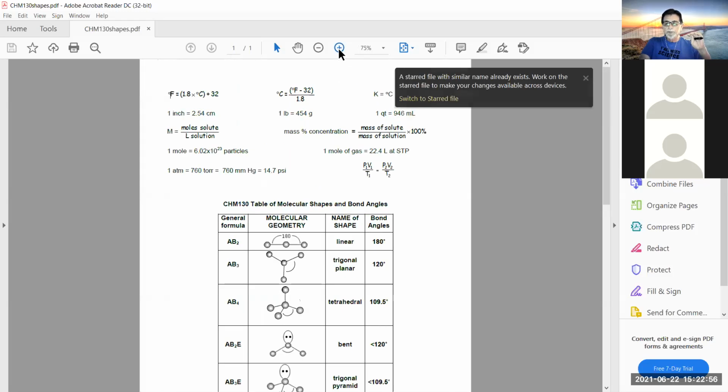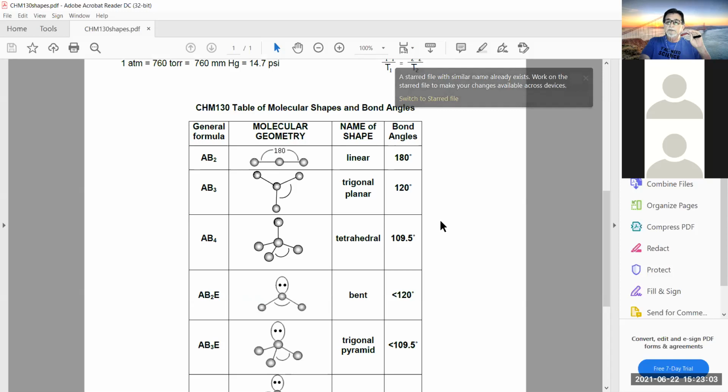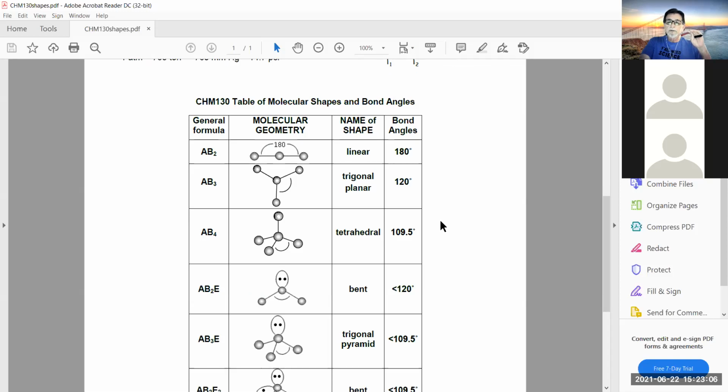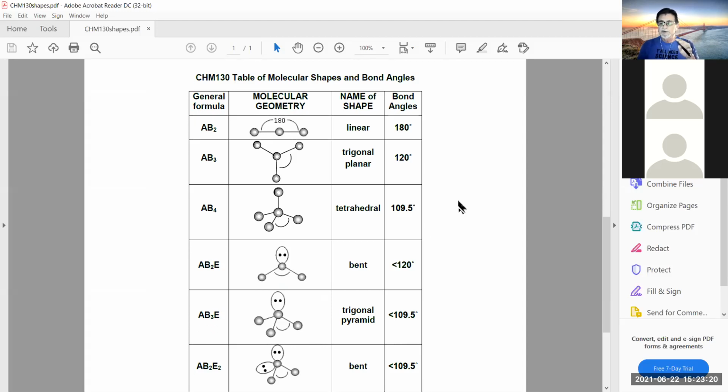You're going to be given a formula, and then based on the number of valence electrons that every atom brings to the structure, we're going to put a structure together, and then we're going to come up with a general formula, which is denoted by the letters A, B, and E. Notice that first column in your shapes table, A is the central atom. A is equal to the central atom.